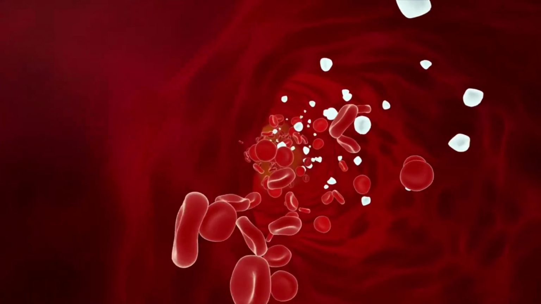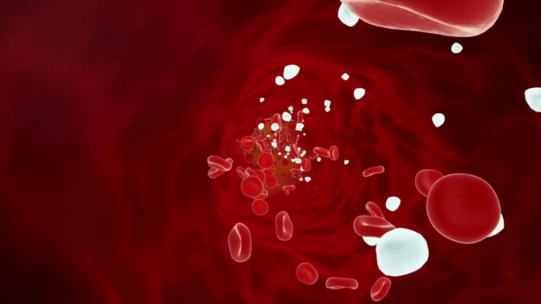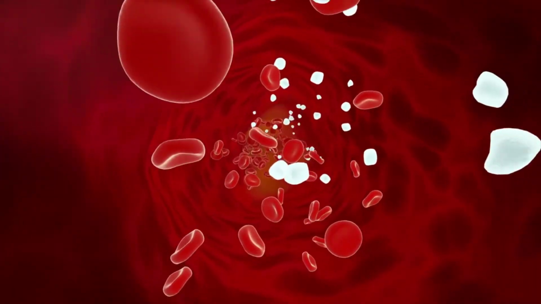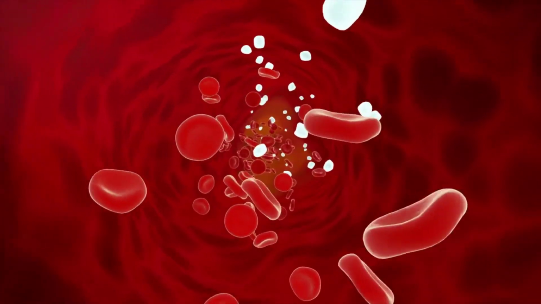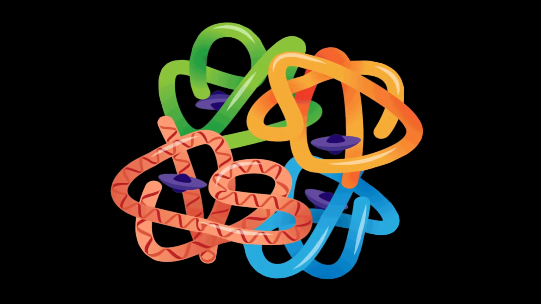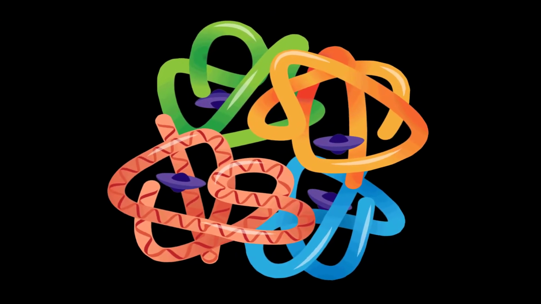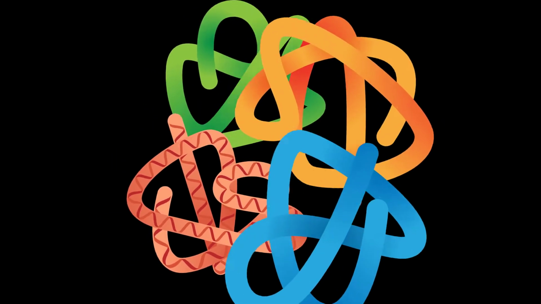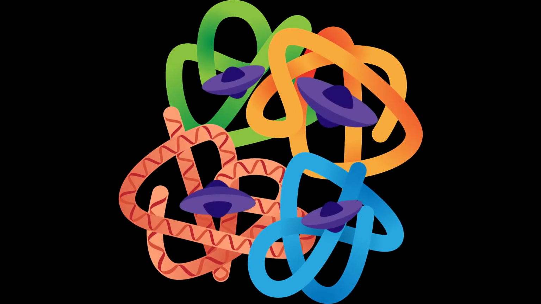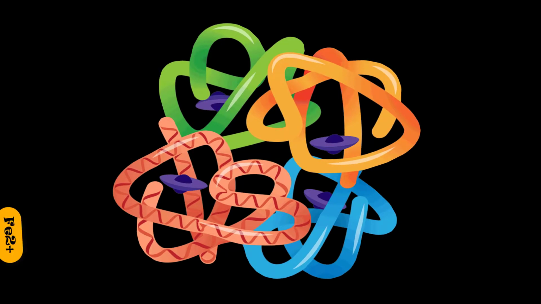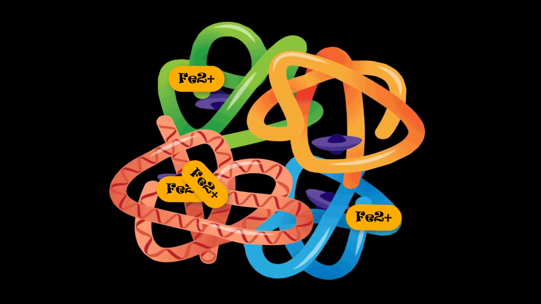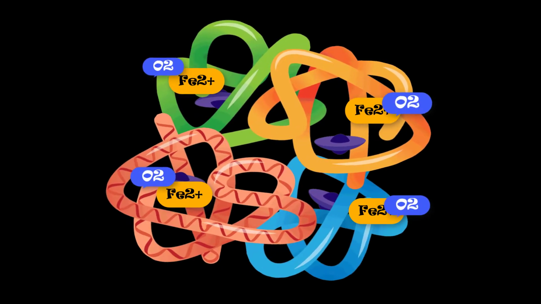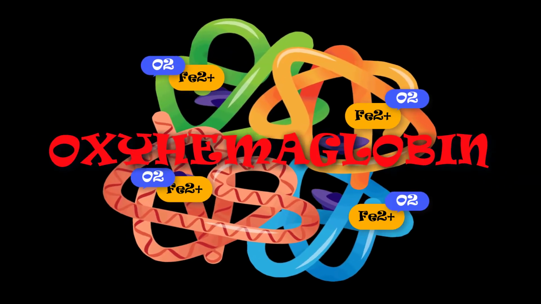This ensures that the absorbed oxygen will be carried to peripheral tissues and not used up by the red blood cells themselves. Hemoglobin is responsible for the cell's ability to transport oxygen and carbon dioxide. Each hemoglobin chain contains a single molecule of heme. Each heme unit holds an iron ion that will interact with one oxygen molecule, forming oxyhemoglobin.